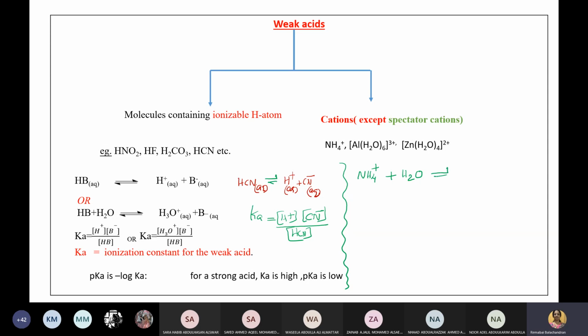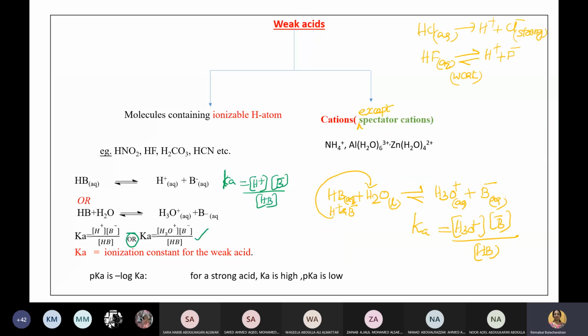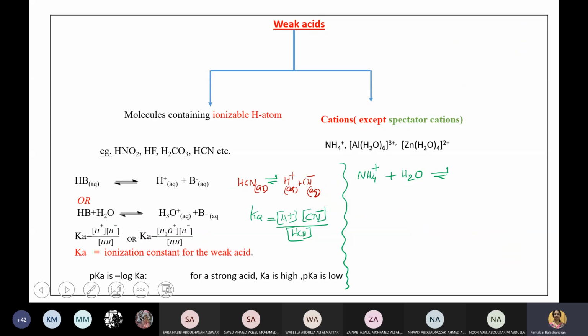It gives H plus to H2O, so H2O will become H3O plus, plus the other one is NH3.